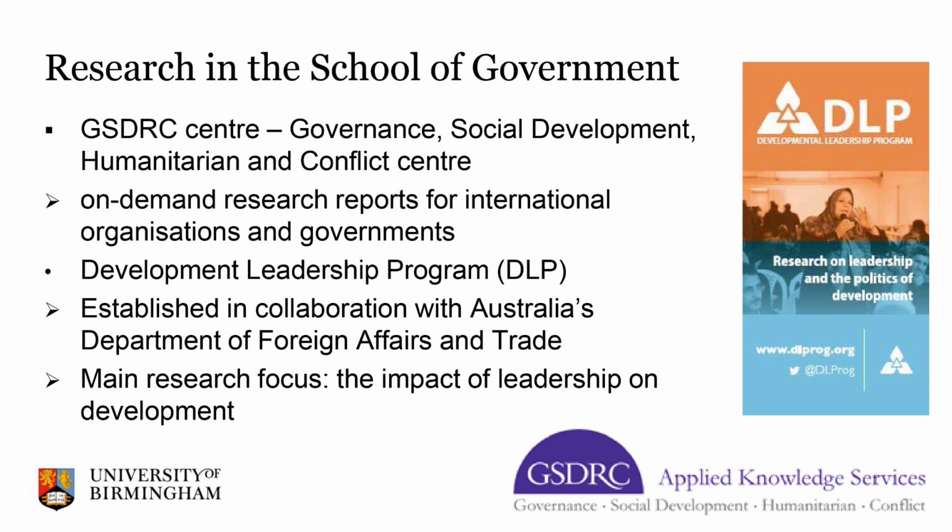We currently have 2 centers that I will highlight, which is the GSDRC Center, which stands for Governance, Social Development, Humanitarian, and Conflict Center. And this center is really most known for its research help desk, where the researchers who work for it produce about 100 research reports per year, and that's in response to questions by various international agencies and various governmental departments that might need, for example, a summary of the most recent research on a particular topic.